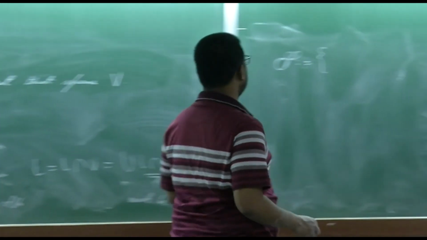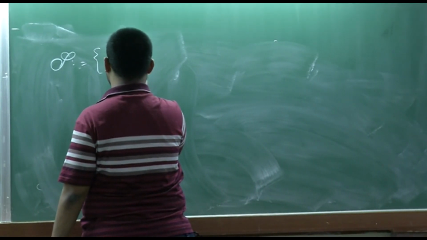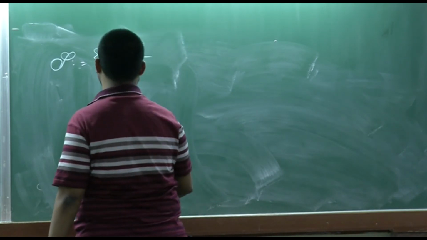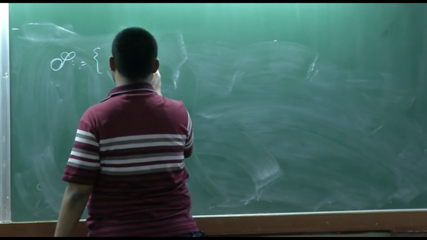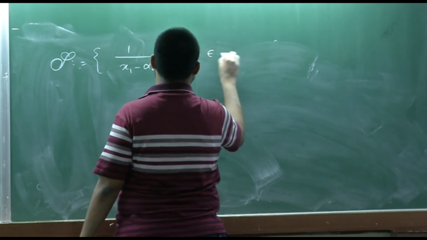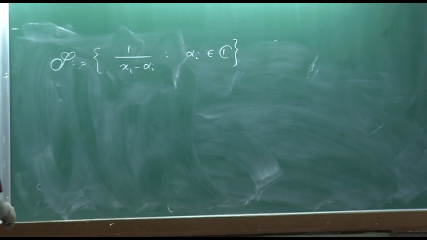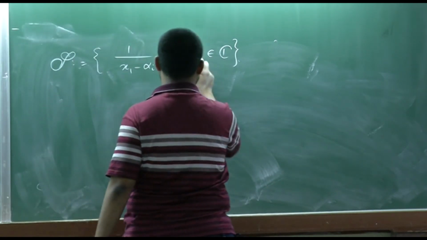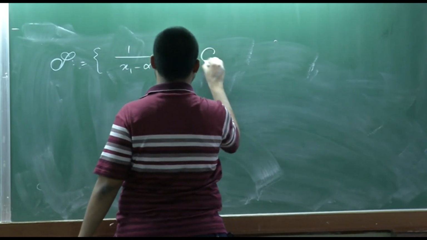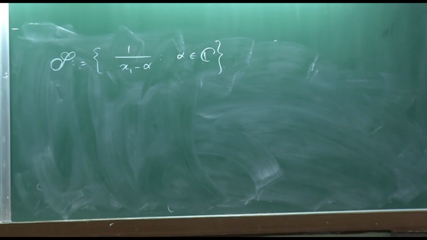So what about this collection? Let's say z minus, well, not exactly this. Let me first try with this. What about alpha in C? I think I should simply write down alpha belonging to C. Does this work?